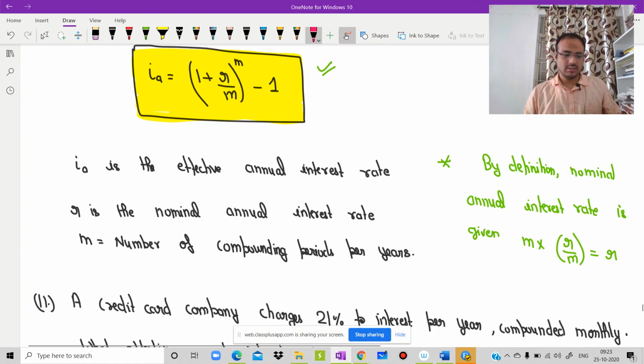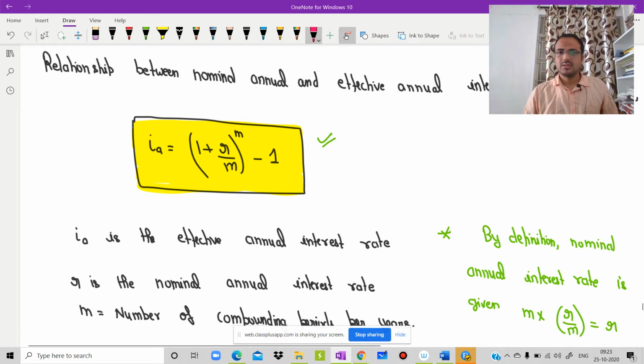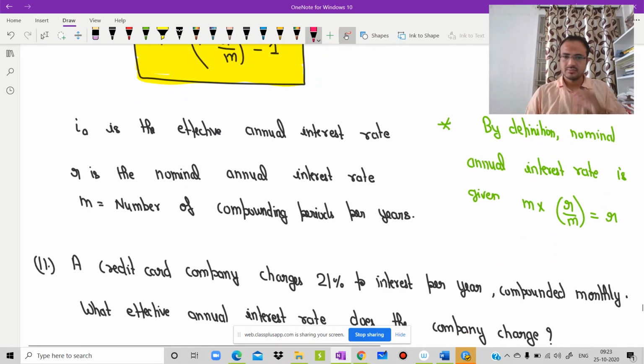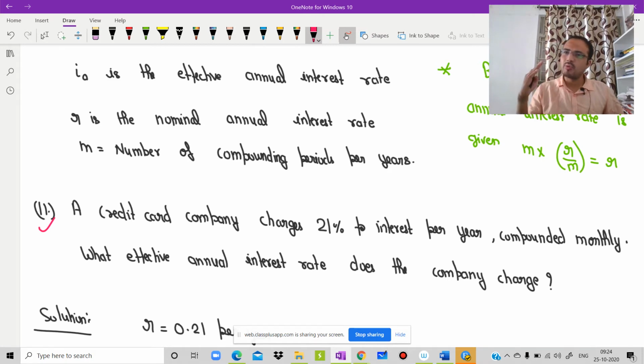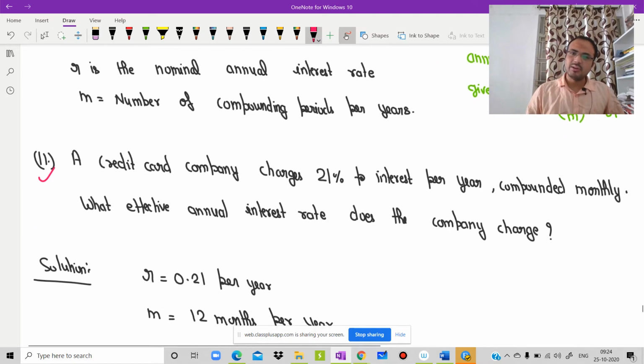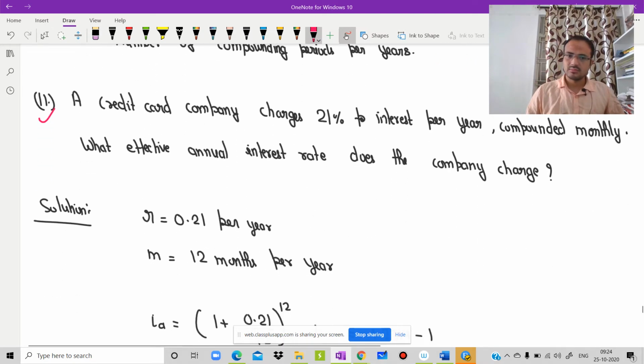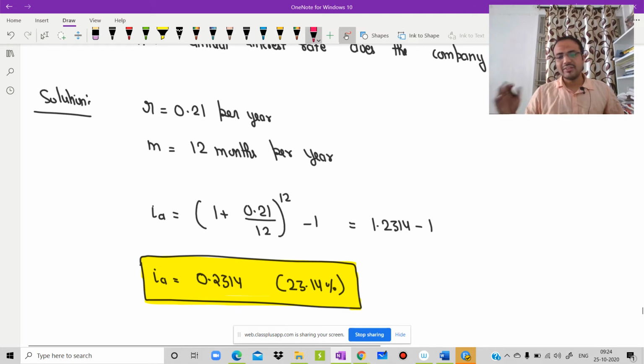Just remember this for annual and effective annual interest rate. I hope this question is clear to every student. If it is clear, then you need to think like that: compounded per month, compounded annually, compounded per 3 months, compounded per 4 months, then you are able to solve this one, the effective one and the nominal one.